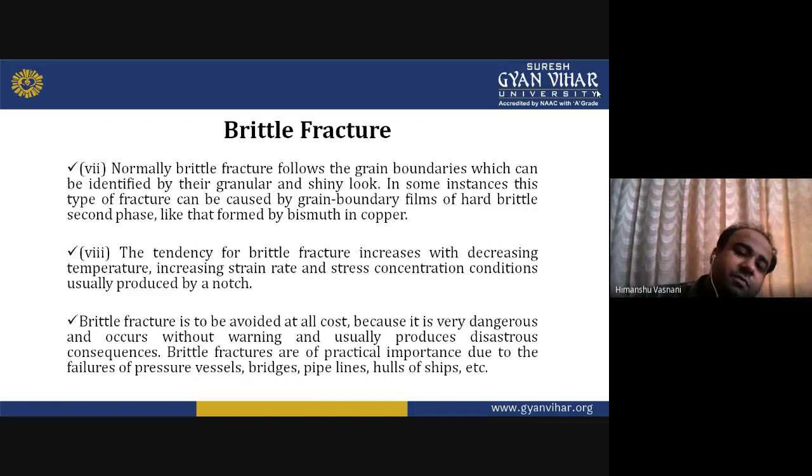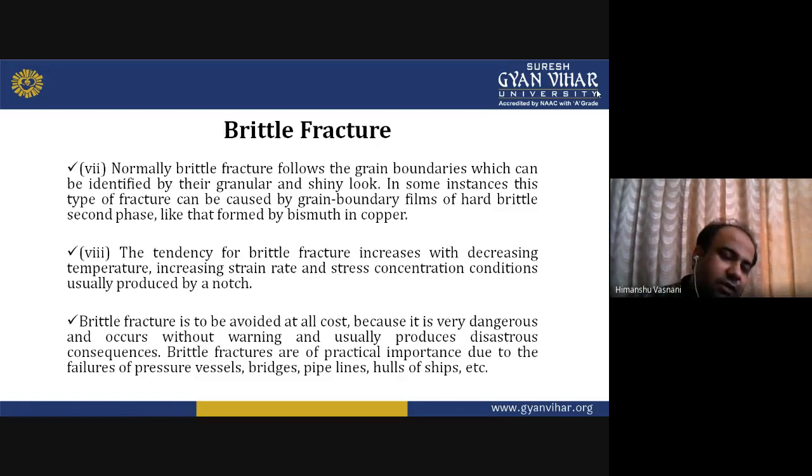The tendency for brittle fracture increases with decreasing temperature, increasing strain rate and stress concentration conditions, usually produced by a notch. Brittle fracture is to be avoided at all costs because it is very dangerous, occurs without warning and usually produces disastrous consequences.